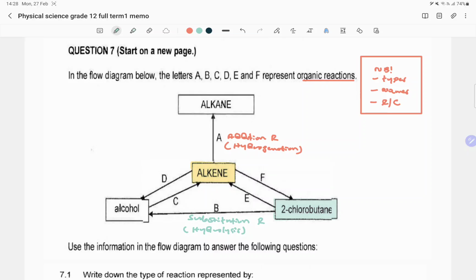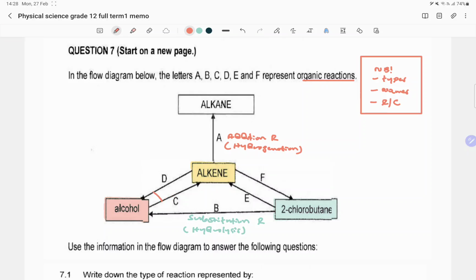Okay, easy stuff. And then now we're looking at reaction C. So we've got an alcohol here. We've made our alcohol. So what do we want?